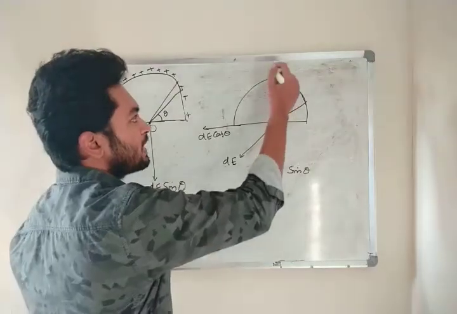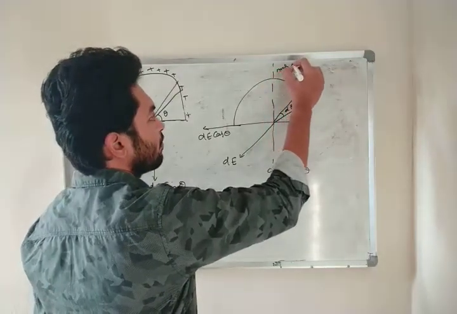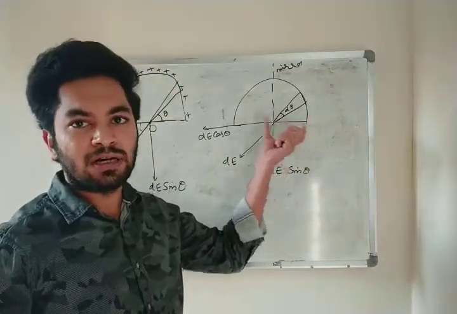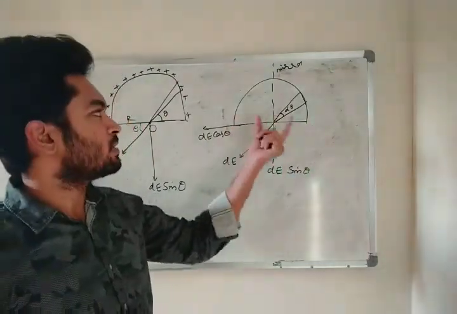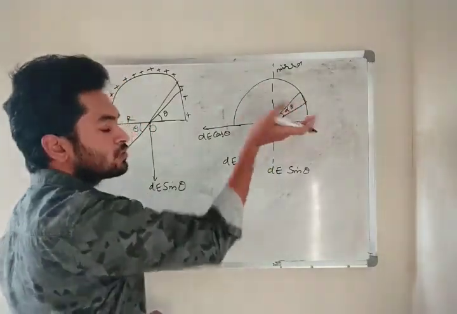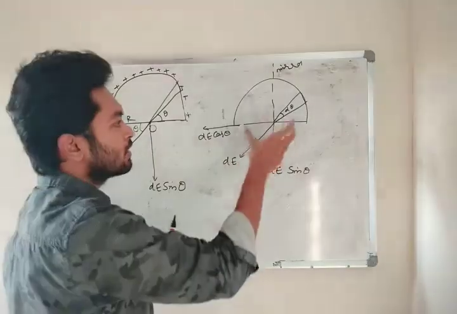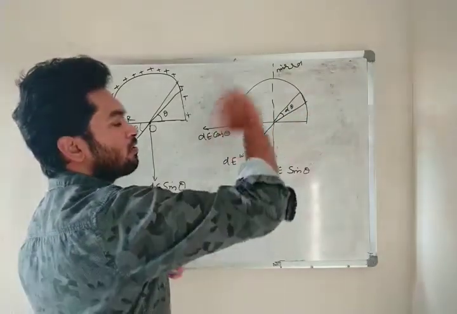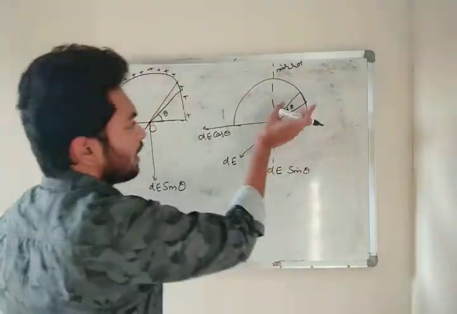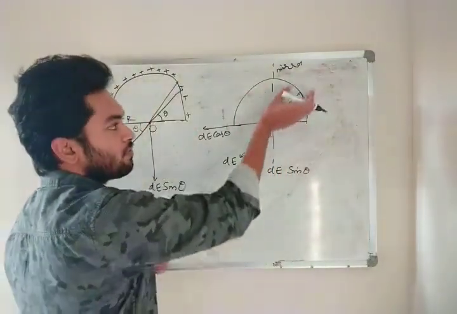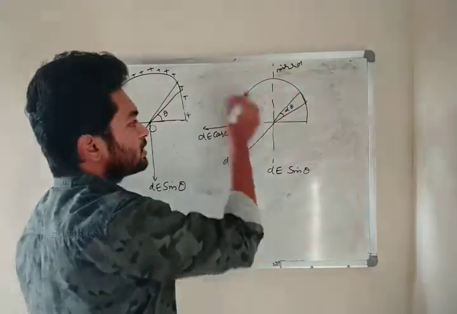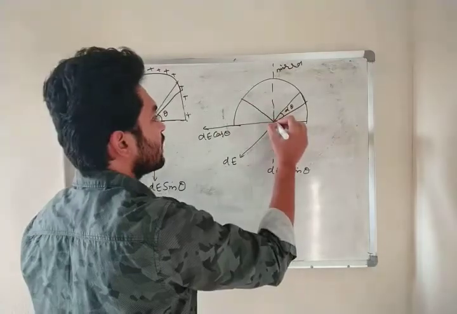Now if I place a mirror in the middle, this is the first quadrant and this is your second quadrant. We have the same element here also. In this question we are going to consider the electric field of the whole semicircle. So at this point I have taken one quarter, and for this part also we have the same thing, right?